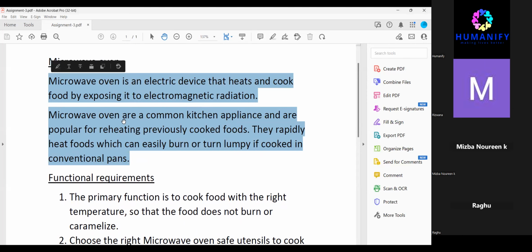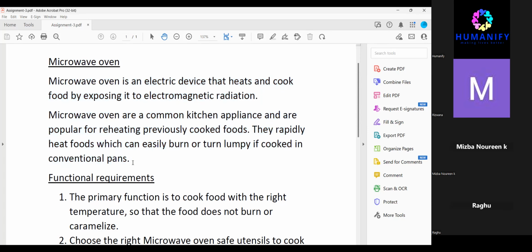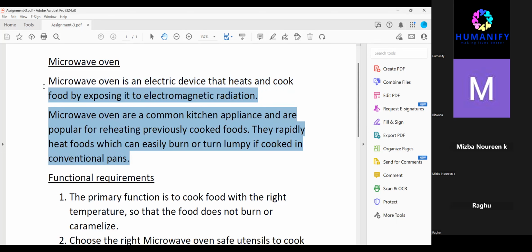Microwave ovens are common kitchen appliances and are popular for reheating previously cooked foods. They rapidly heat foods which can easily burn or turn lumpy if cooked in conventional pans. So it's a very good brief overview about the device or item that has been chosen.